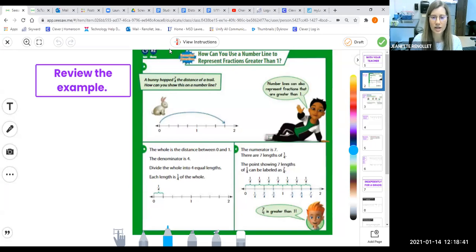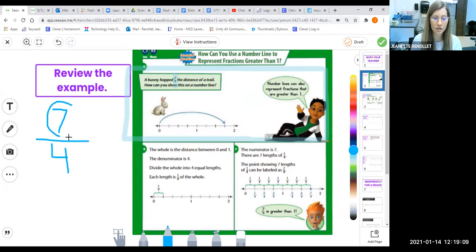Slide number 2 says review the example. Here is a good example. A bunny hopped 7/4 the distance of a trail. How can you show this on a number line? 7/4, that tells me the numerator is greater than the denominator.